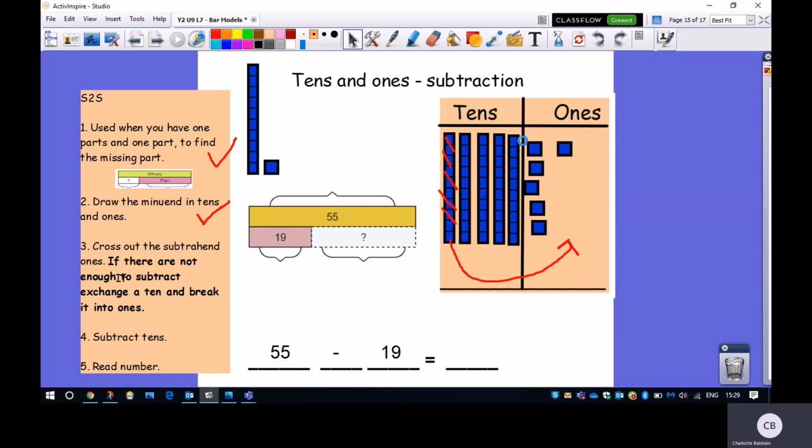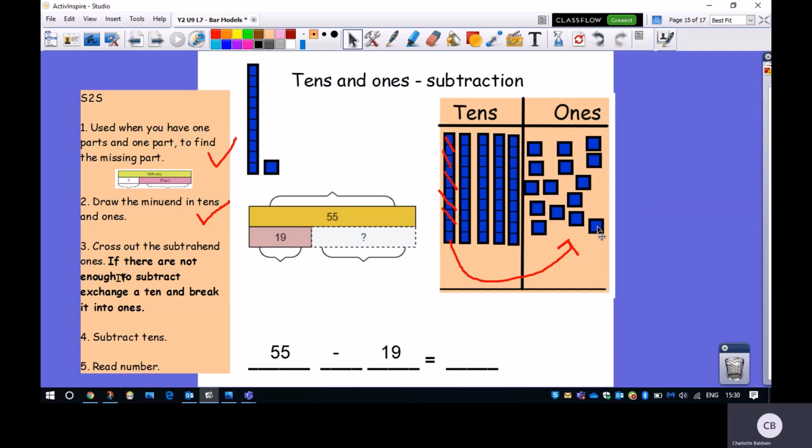1, 2, 3, 4, 5, 6, 7, 8, 9, 10. Okay, so I've still got 55 there because I haven't actually subtracted anything yet.